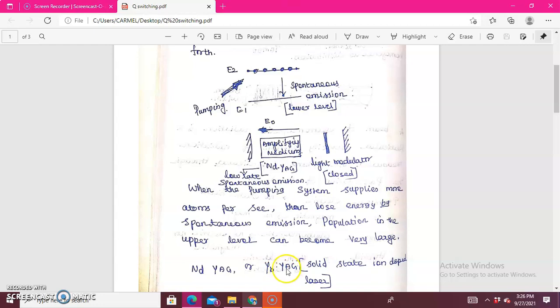Where these types of laser are used, the loss will be lower. The population inversion in the upper level, that is the E2 level, will become very large. So I am going to use this amplifying medium in the Q switching technique.